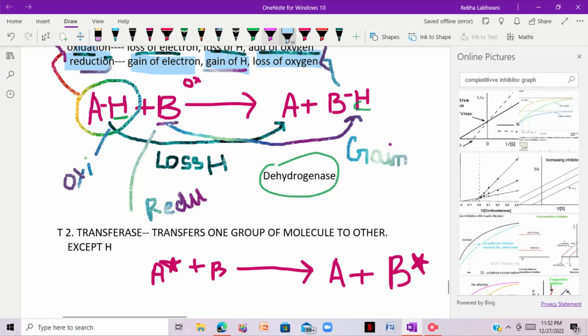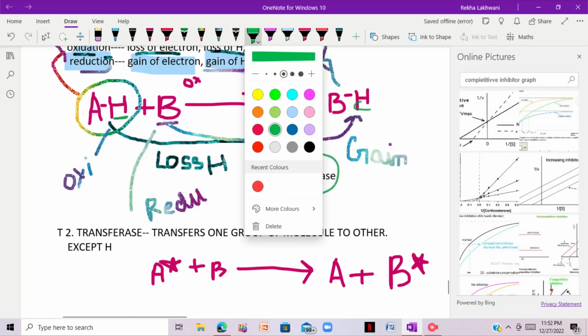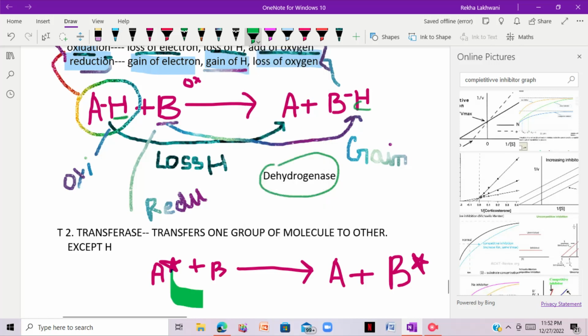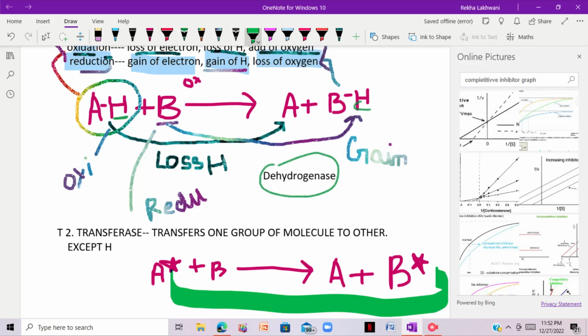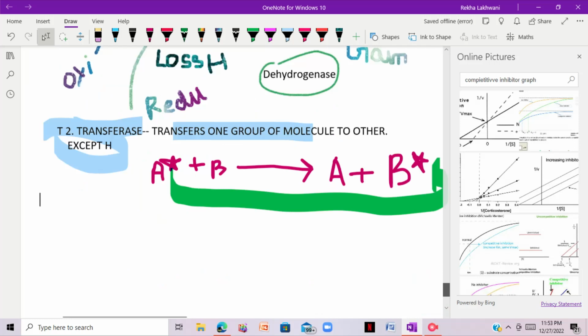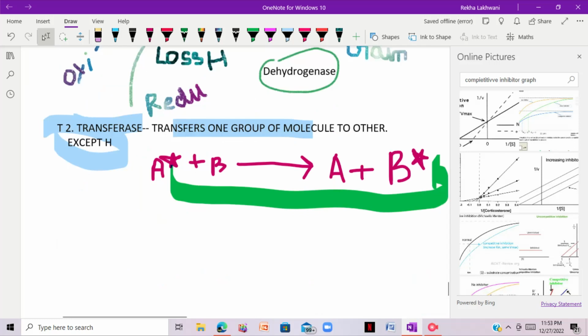Now, let's talk about another enzyme which is number 3, hydrolase. I guess everyone is familiar with this enzyme. What happens? This is a breakdown of product with water.